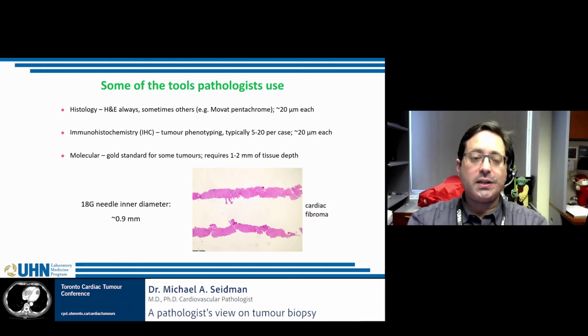And in the modern day, it's relevant that molecular diagnosis, which really has become the gold standard and drives a considerable amount of care right now, requires an additional 1 to 2 millimeters of tissue depth for optimal testing, which obviously on a needle core dramatically limits the amount of material available and raises the question as to how much we can get away with. And in modern techniques, less DNA is frequently usable, but it does require that a significant fraction of that core actually be tumor.